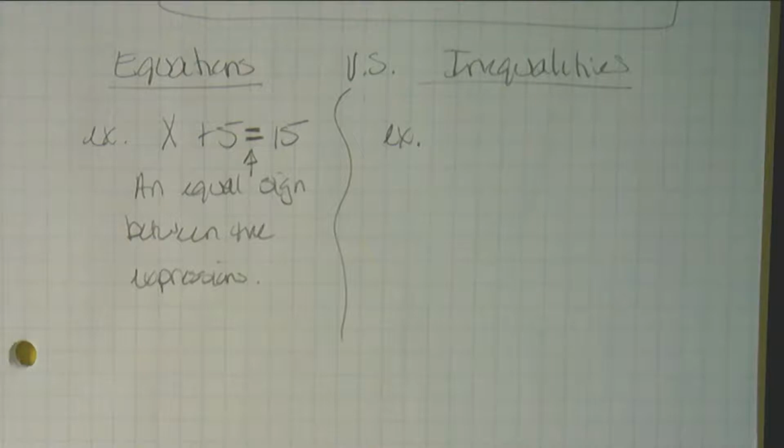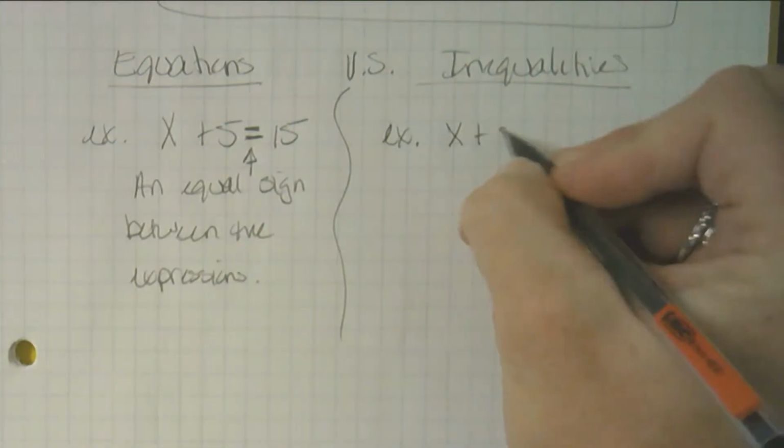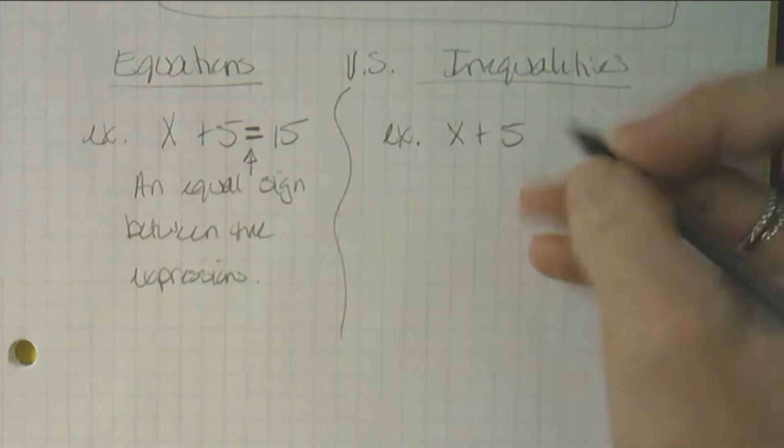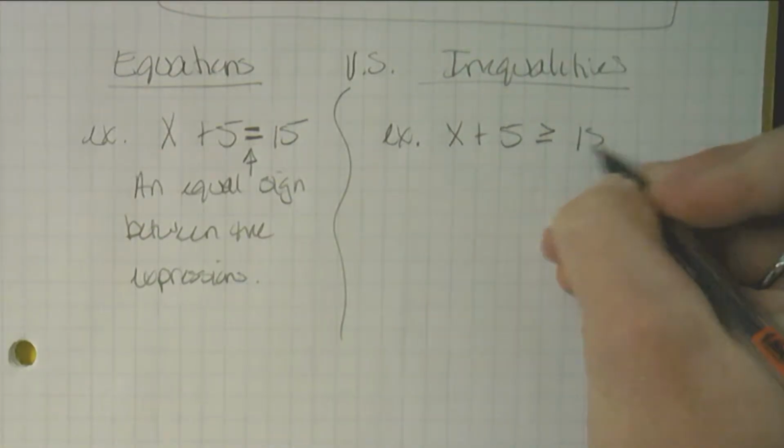Nope. Think of your inequality symbols. Isabel? Sure, I can do inequality symbols. So I have x plus 5. I can replace it. Colin, I do agree with you. Get rid of the equal sign. But I replace it with an inequality symbol.